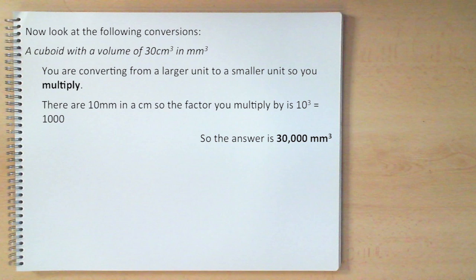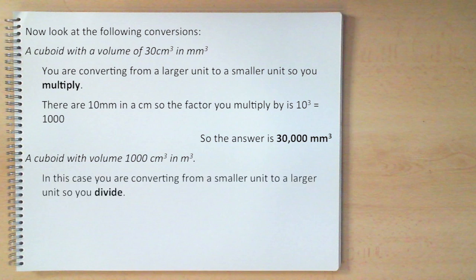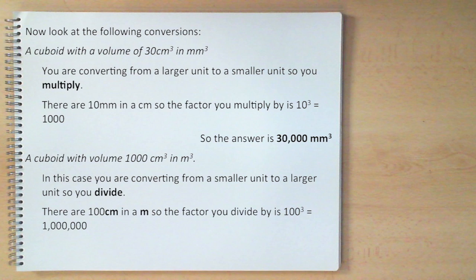We have a cuboid with a volume of 1,000 centimeters cubed, and we want to express that in meters cubed this time. In this case, you're converting from a smaller unit to a larger unit, so you have to divide. In 1 meter, there are 100 centimeters, so the factor that you divide by is 100 cubed. 100 cubed is equal to 1,000,000.